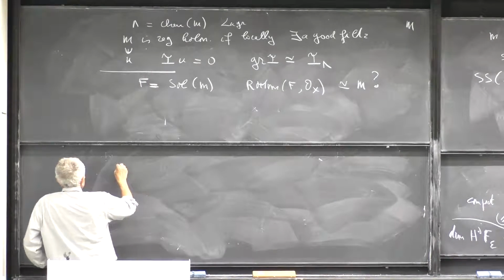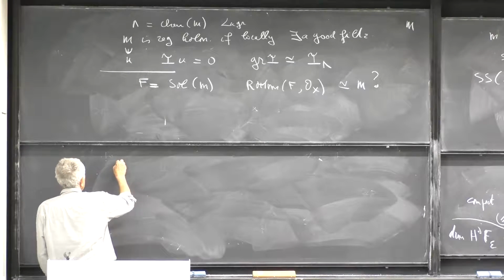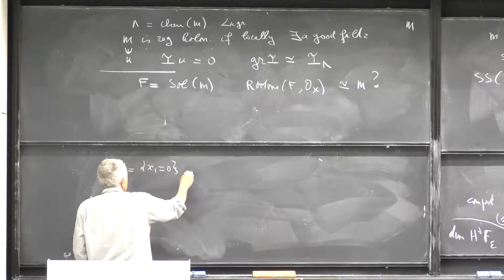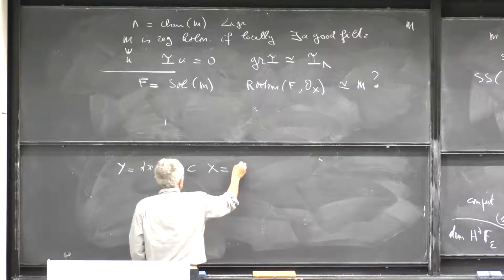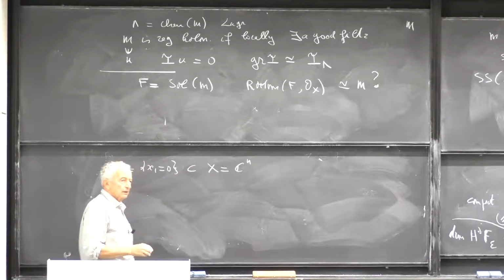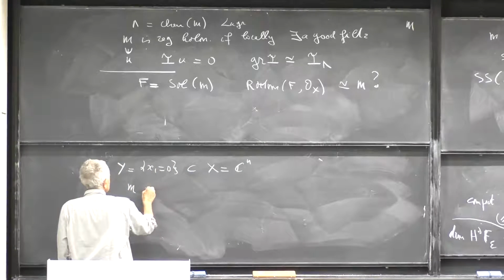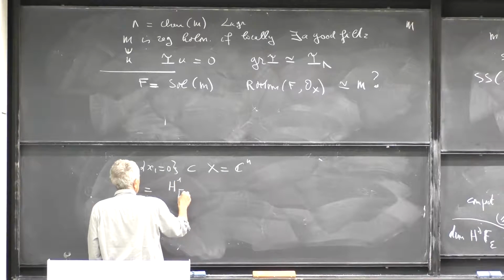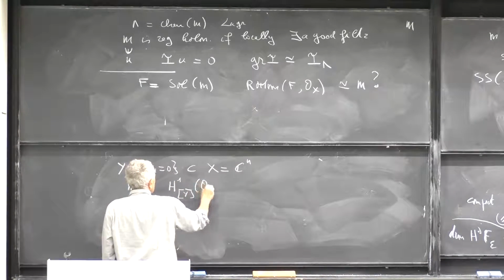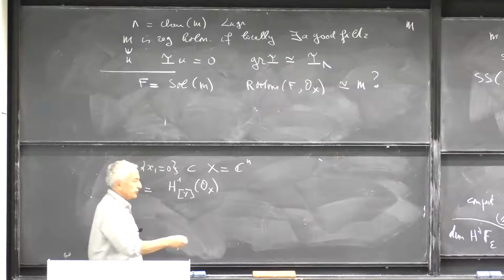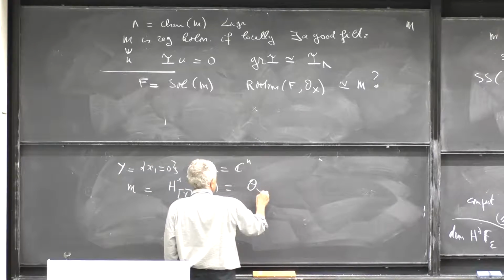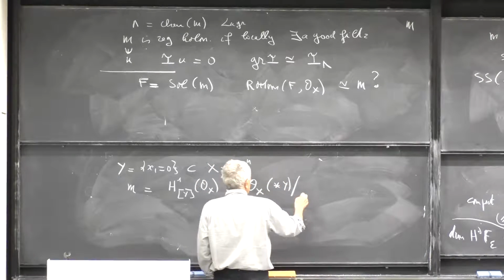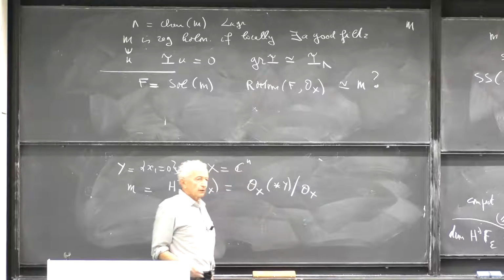Take Y given by x1 equals 0 in X equals C^n, and M is the algebraic local cohomology H^1, that is, meromorphic functions quotient by O_X.